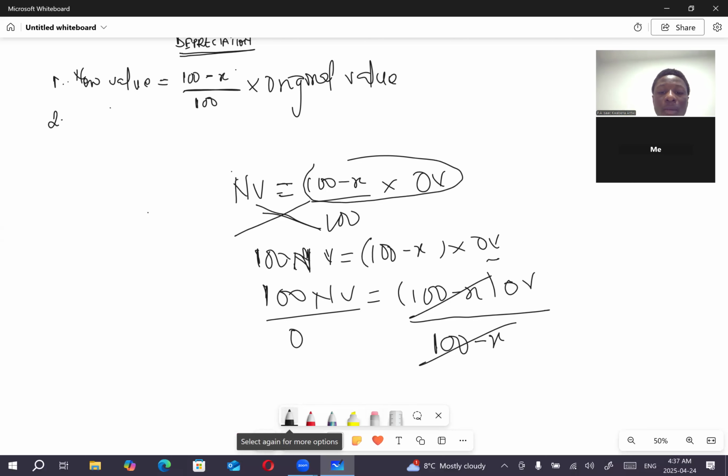So divided by what? I said whatever you do here, you have to do the same thing here. Because I needed OV to stand, I have to divide by 100 minus x. So here too, what should I do?